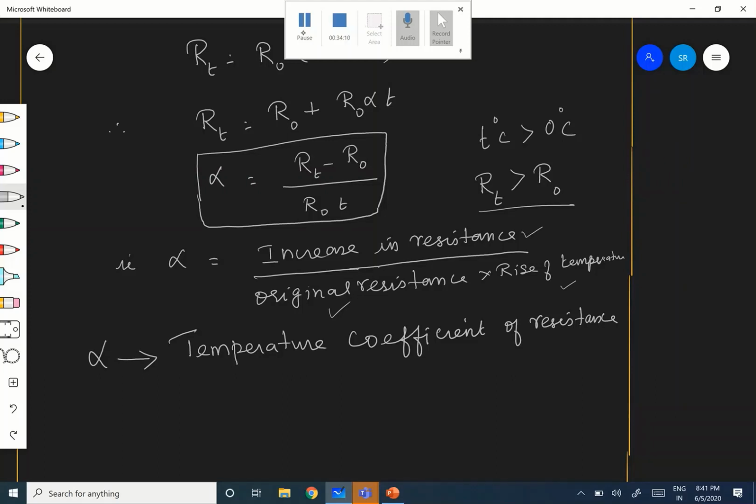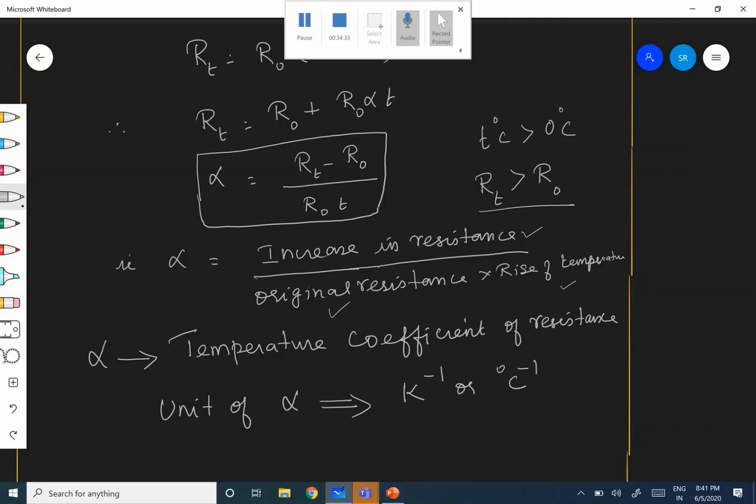What is the unit, therefore? Unit of alpha is per degree, so you can say per Kelvin in SI unit, or per degree Celsius.